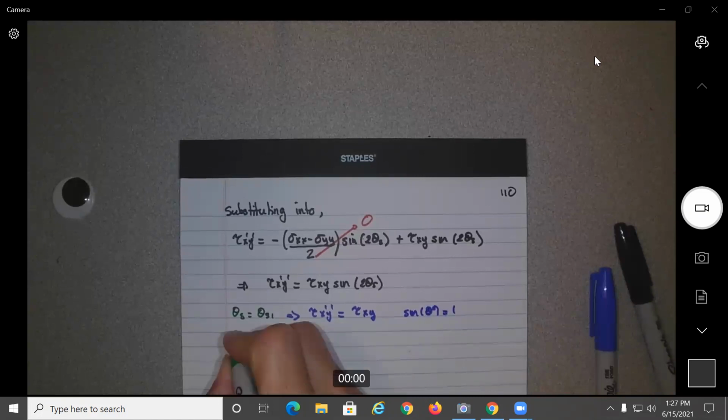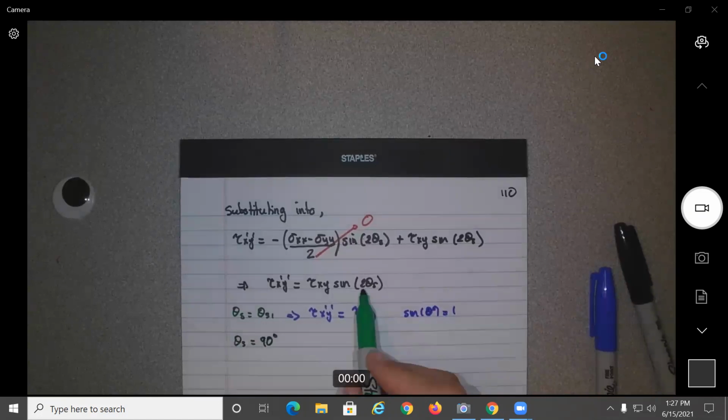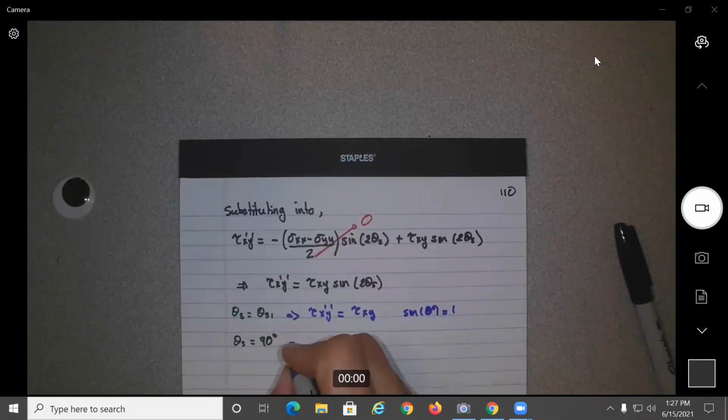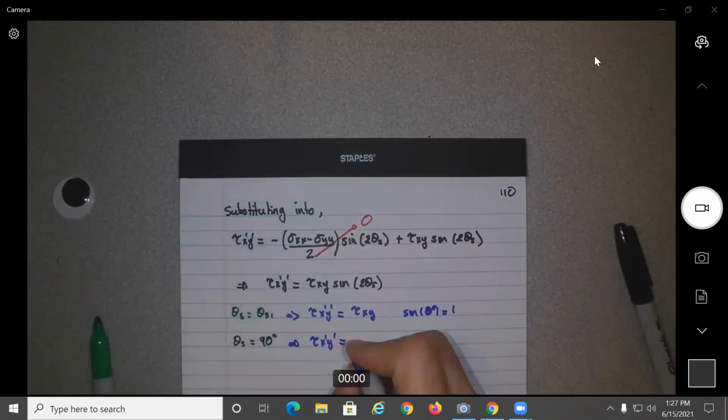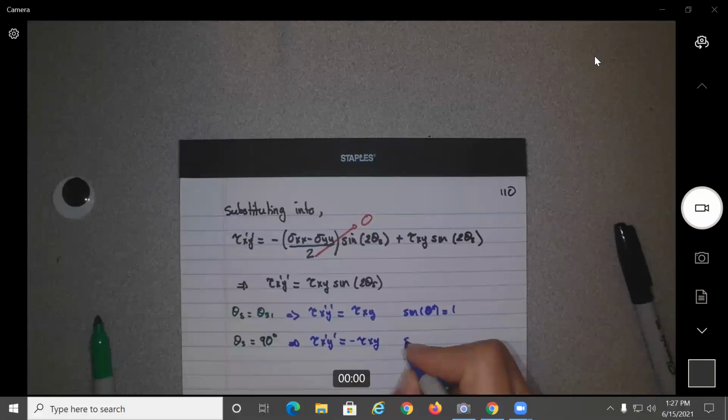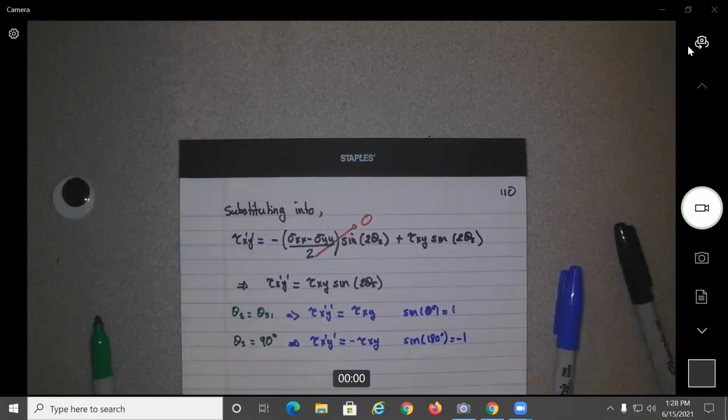And for theta s equal to 90, be careful here. Remember, it's twice the angle. So this is 2 times 0, no? So 2 times 90 would be 180. So this will give you minus tau xy, because sine 180 is equal to -1.